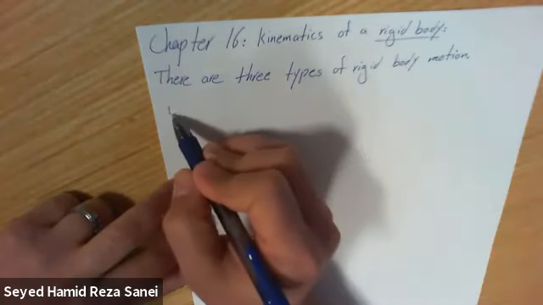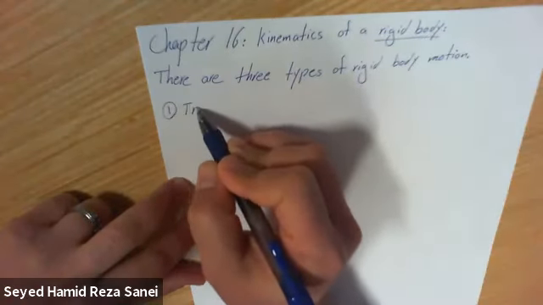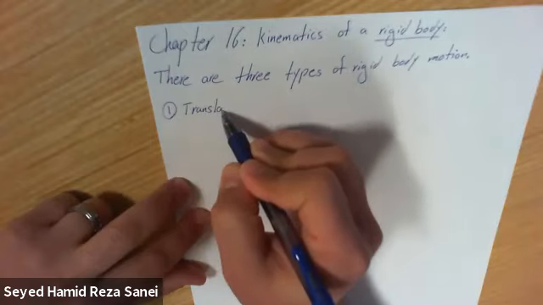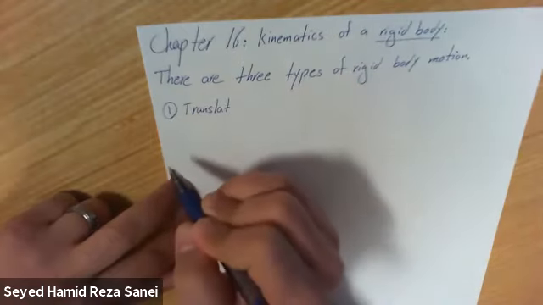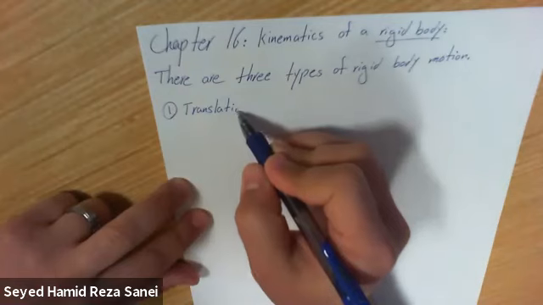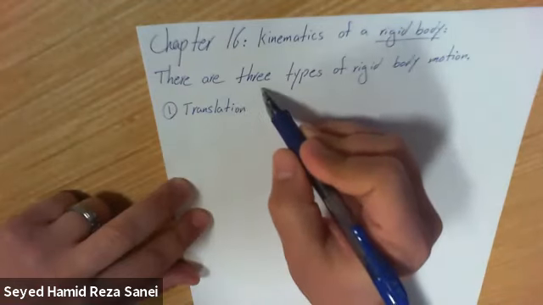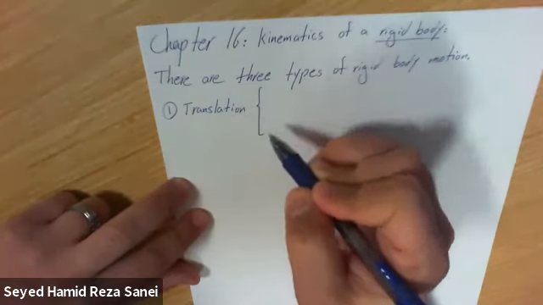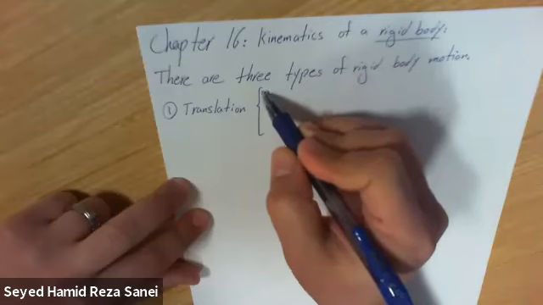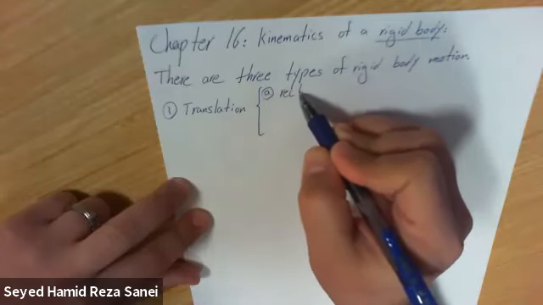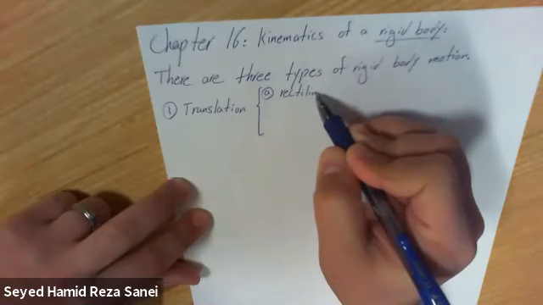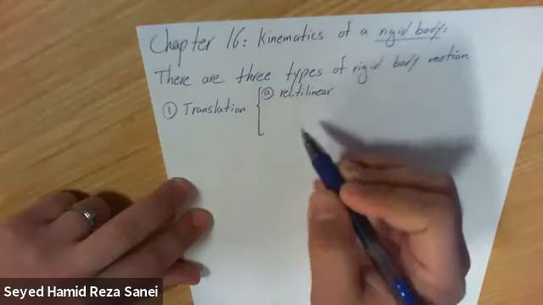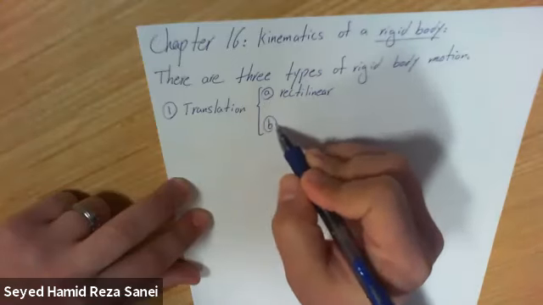The first one is translation, which was also present in kinematics of a particle as well. The translation of a rigid body can be either rectilinear or curvilinear.